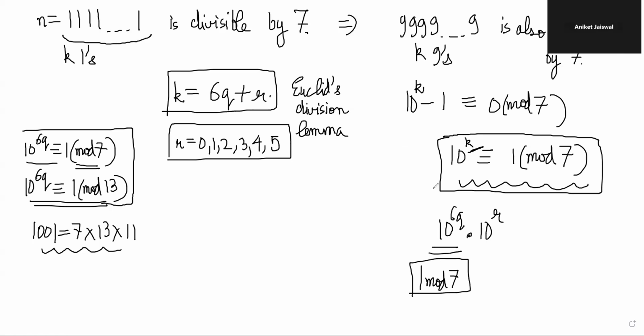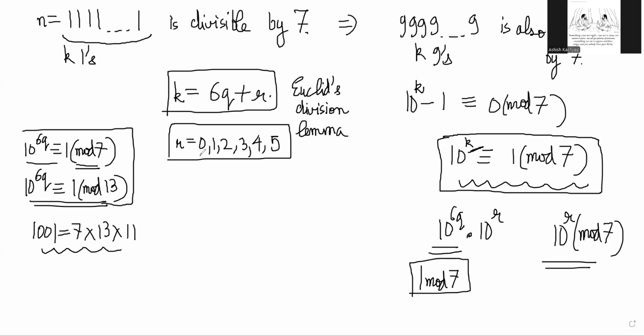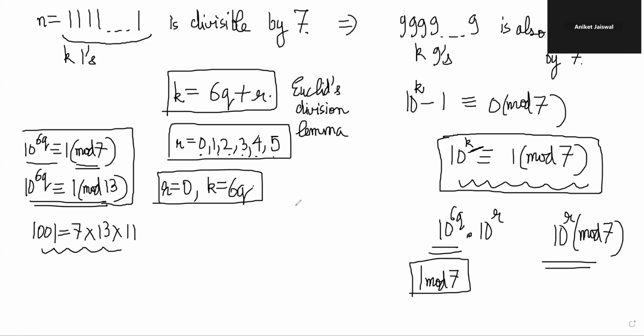So 10 power k will boil down to 10 power r mod 7, where r goes from 0, 1, 2, 3, 4, 5, correct? Okay. So now if r is 0, then k was 6q, and in that case it is obvious 1 mod 7. So in that case 10 power k is the same as 1 mod 7, which is going to be 1 mod 13 as well, right?